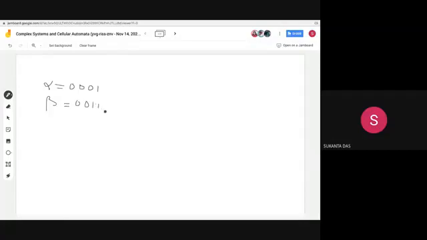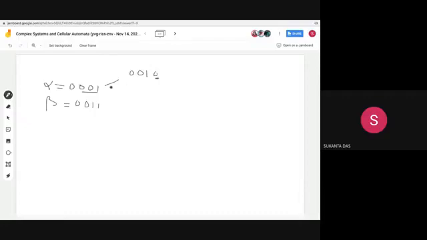Please let me know if you can understand my handwriting, because I'm using Jamboard and using a mouse to write. Okay, so here in a similar style, from alpha I can get 0, 0, 1, then 0.